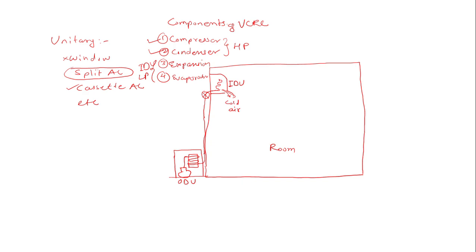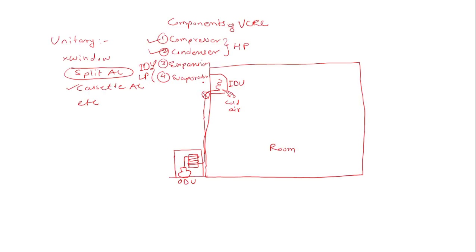From the cooling coil the refrigerant is taken back and connected to the compressor. So this is the outlet of the compressor, this is the inlet of the compressor. This is the basic cycle, known as the VCR, vapor compression refrigeration cycle.